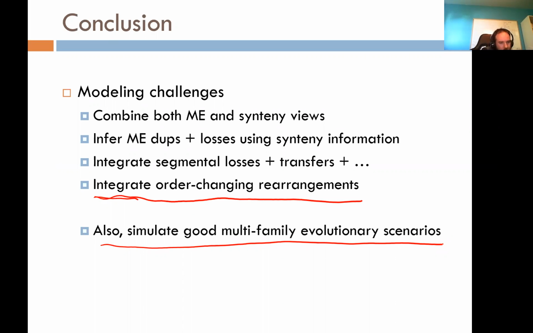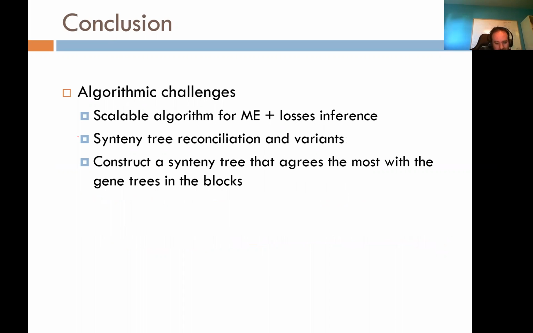We're currently considering modifying the ZOMBI software, for those who know about that. And we have algorithmic challenges, if you like algorithms like me. We still don't have a truly scalable algorithm for that minimum episode problem that I presented. If you read the paper on the centenary tree reconciliation, you'll find variants on which the complexity is still open.